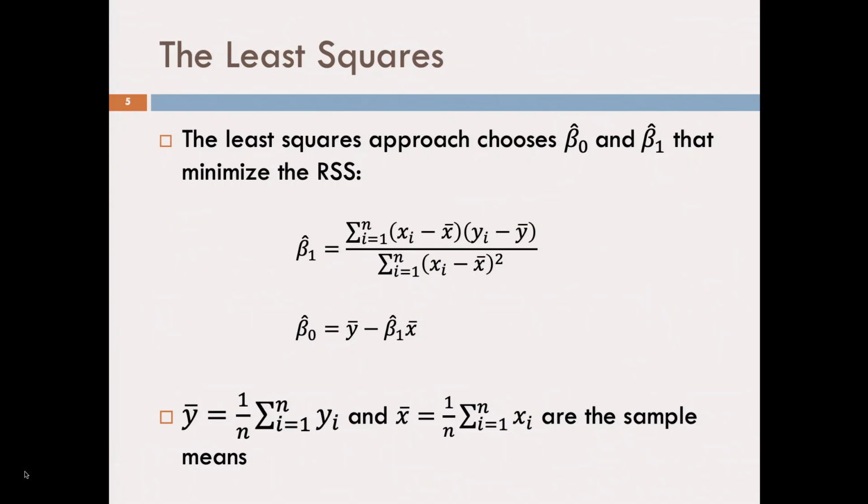Remember that this is supervised learning in machine learning, so we have the desired outcome, and we can calculate its mean, divided by the sum, again, of the observed minus the mean squared. Having beta 1, we can easily calculate beta 0.